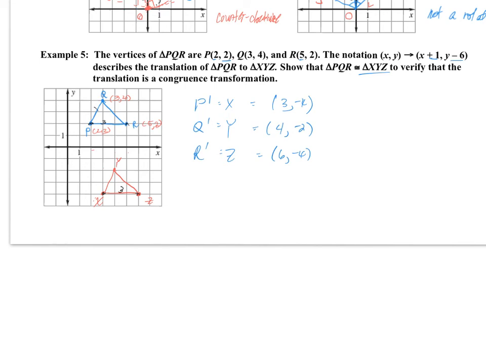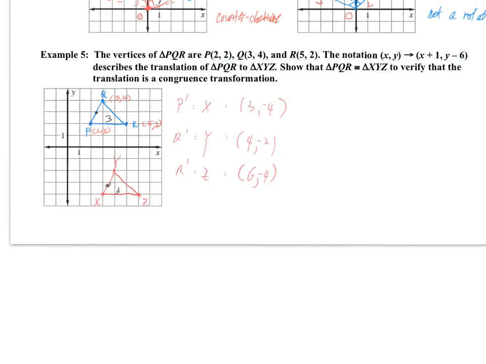And we can use the distance formula to check whether PQ is congruent to XY. So I am going to first calculate the distance of PQ, which is, let's see, 2 minus 3 makes negative 1, so I'm going to do negative 1 squared. 2 minus 4, negative 2 squared, which is just square root of 5.